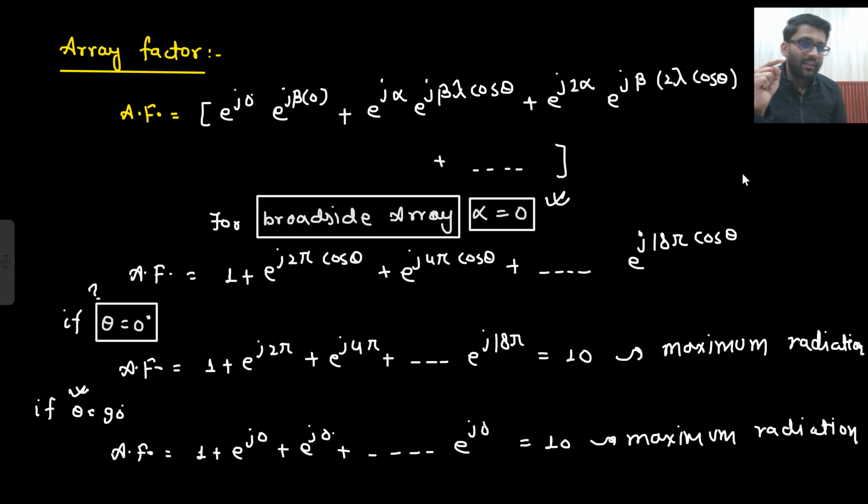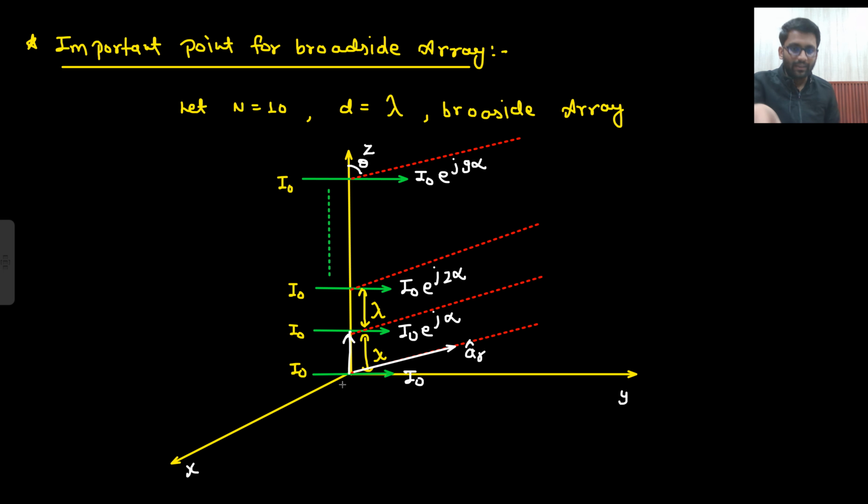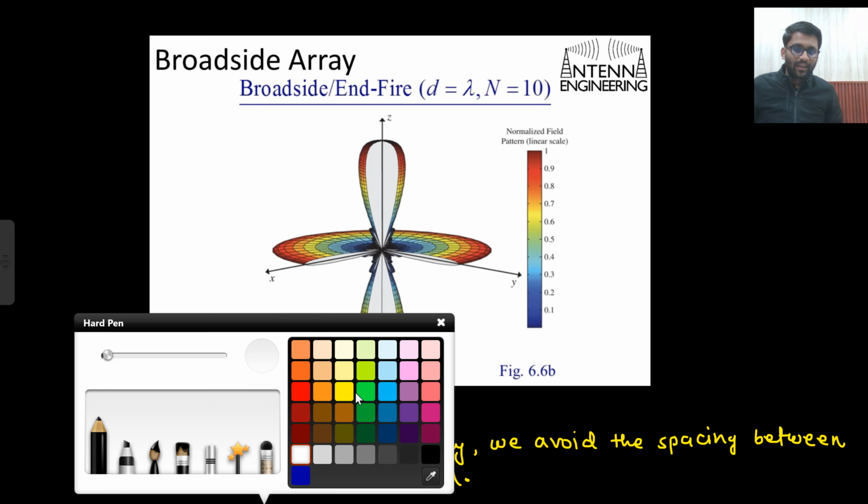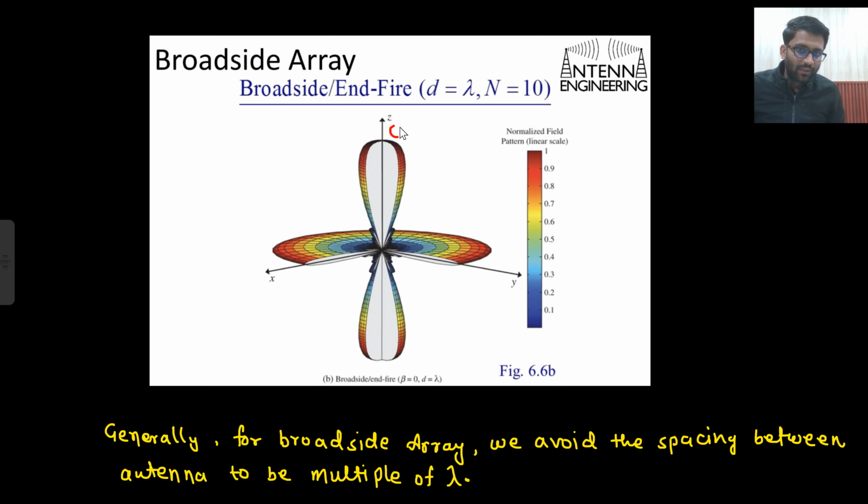The reason is your spacing is a multiple of lambda. The spacing between the antennas is a multiple of lambda. If the spacing is a multiple of lambda, then you will get a pattern like this, where you get the maximum at theta equals to 0 degree, and at theta equals to 90 degree also you get the maximum. So in broadside array, this is a very important point.